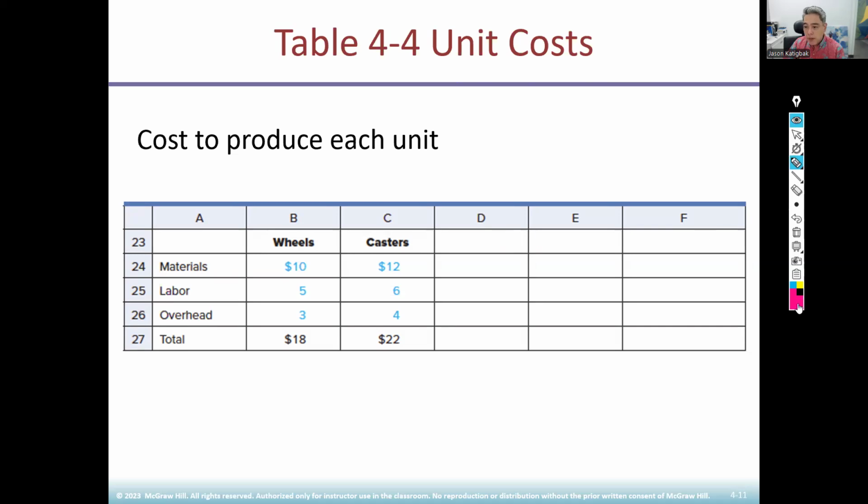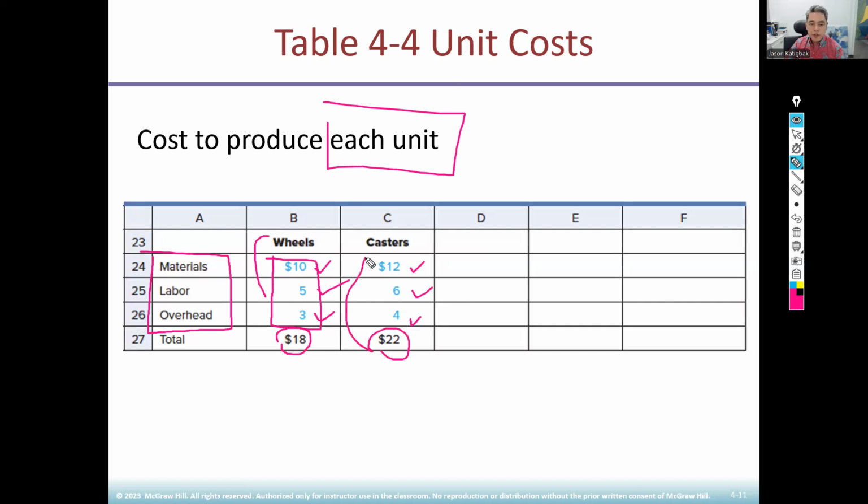We talked about the breakdown. The breakdown normally includes materials, labor, and overhead. And then these are the unitized. So that's why we say for each unit. $10 of materials, $12 for casters, then you have 5 and 6, and then 3 and 4. So materials, labor, and overhead, it costs $18 to produce wheels, and then $22 to produce casters.